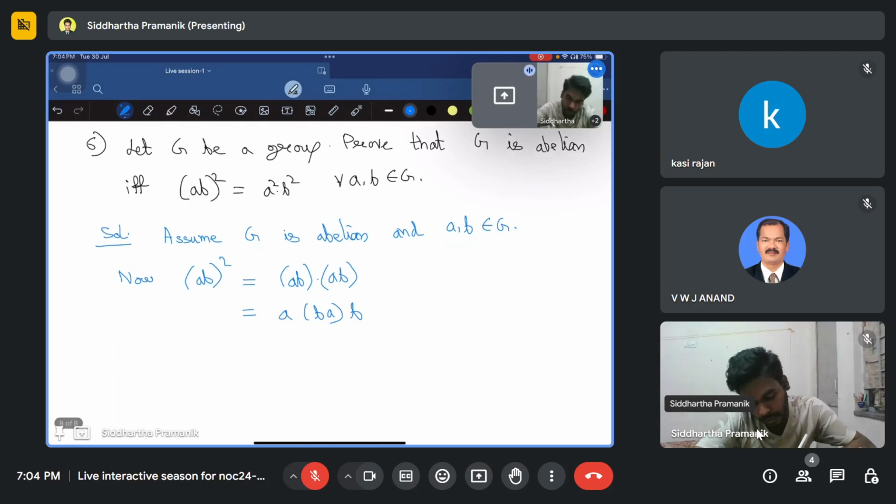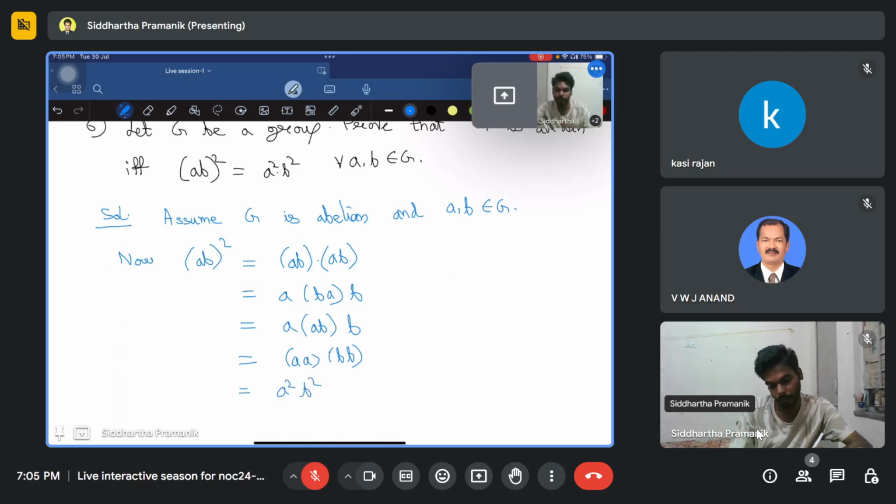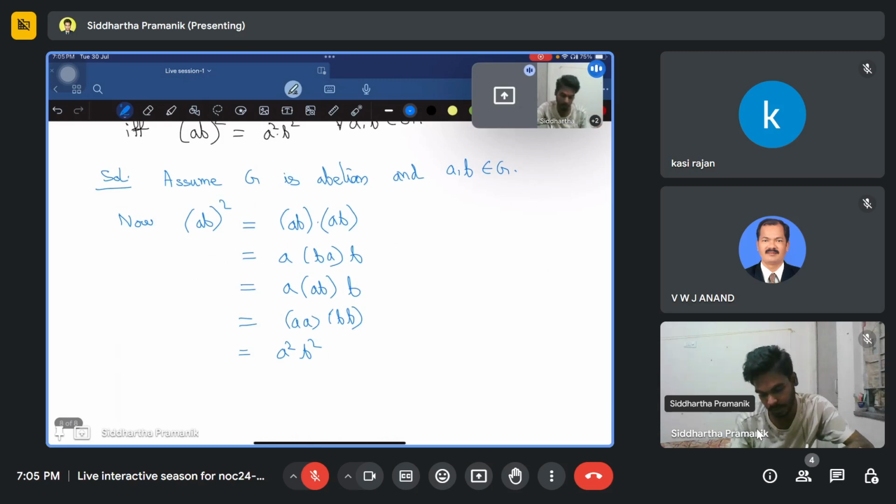Now we are in an abelian group, so this element ba is ab. So a, ab, times b. Again using associativity, this is the same as a squared times b squared. So one part is clear.